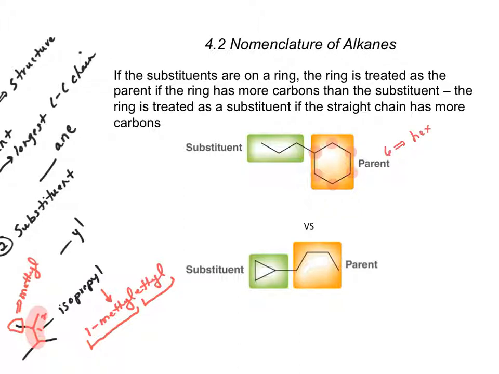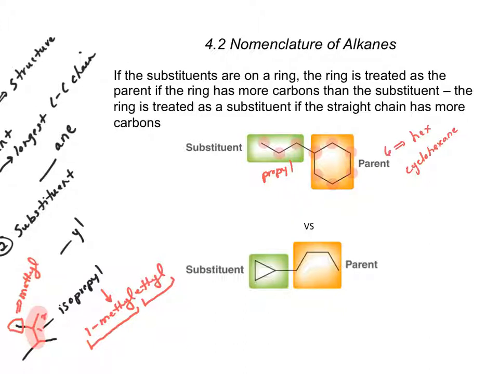But because it's a ring, what do I need to include as a prefix? Cyclo. So this is cyclo, hex, and then as a parent, we'd end it with ane, right? So for this guy, this would be cyclohexane, and as a substituent, we'd have 1, 2, 3. So what is 3 carbons in a nice long chain called? Prop, right? So this would be a propyl substituent off our cyclohexane. That is true. The ring is always a parent unless it is actually smaller than the longest carbon chain, okay?